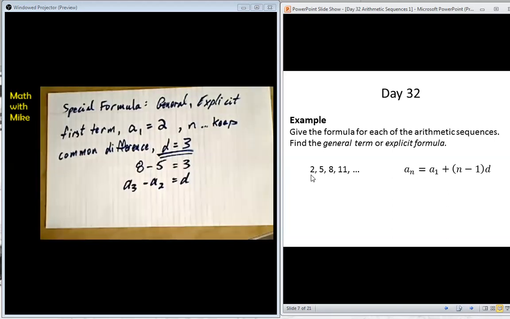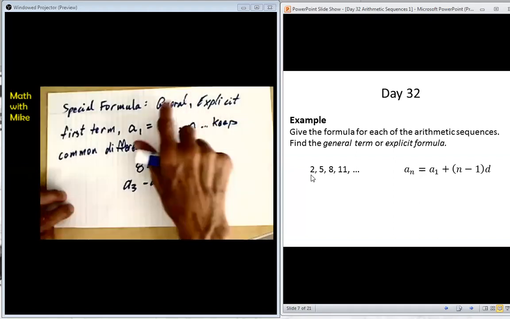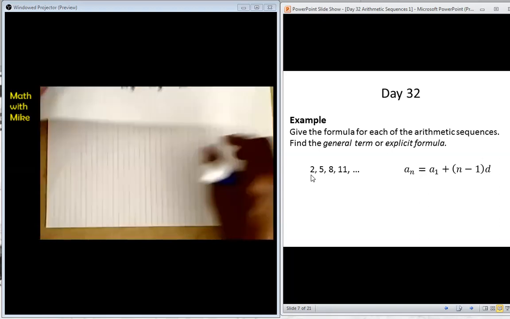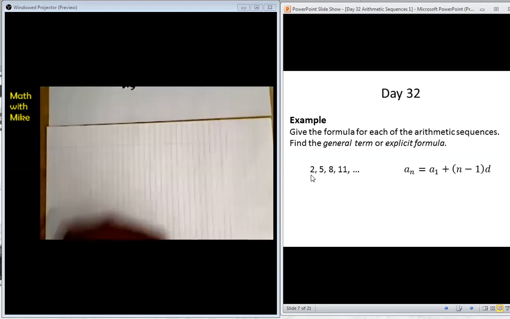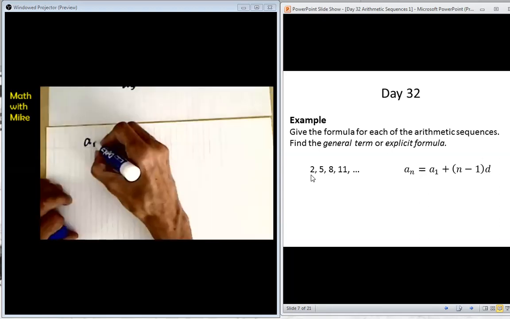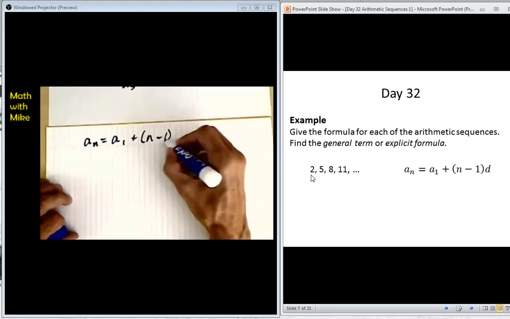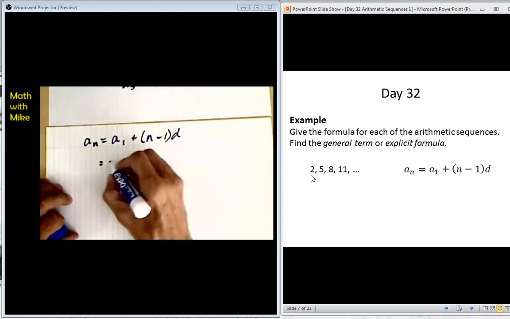Okay, so where does this get us? Because the goal is to create the formula for this particular sequence. We have A1 is 2.